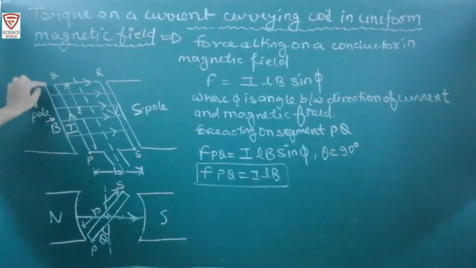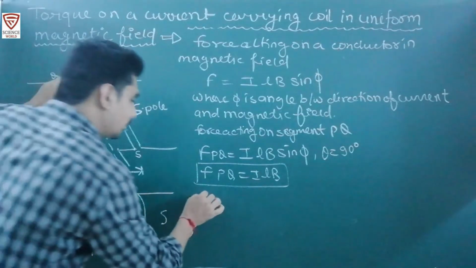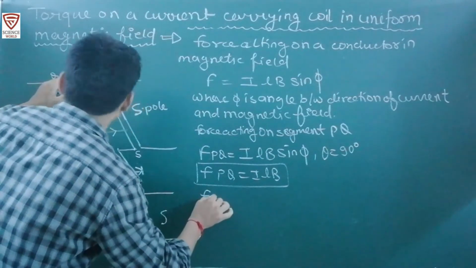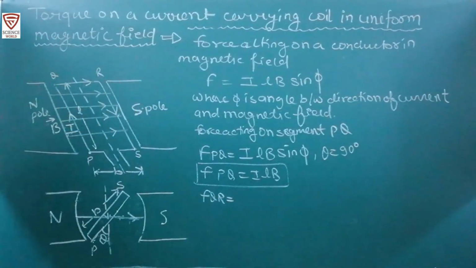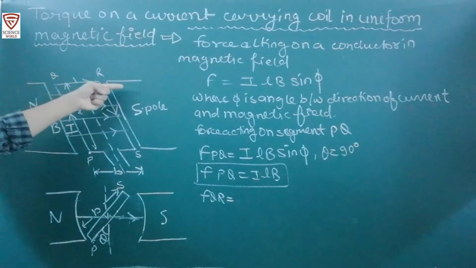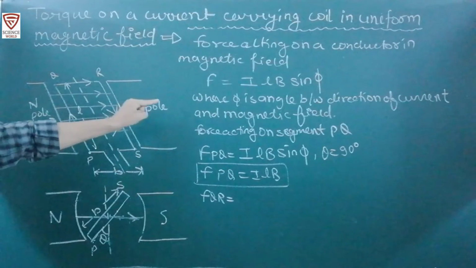Then we will take segment QR. So consider the force acting on segment QR is FQR. You can see here the direction of current in QR is in that direction and the direction of the magnetic field is also in the same direction.